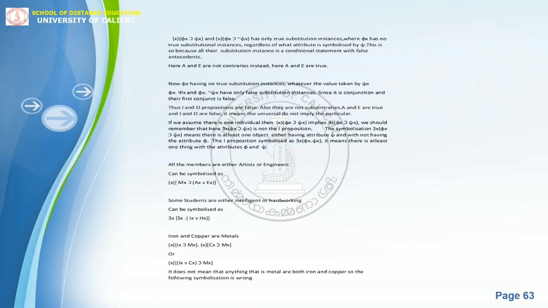So we can apply these quantification rules for symbolizing the following statements. All members are either artists or engineers can be symbolized as universal x, in brackets Mx implies Ax or Ex, closing bracket twice.